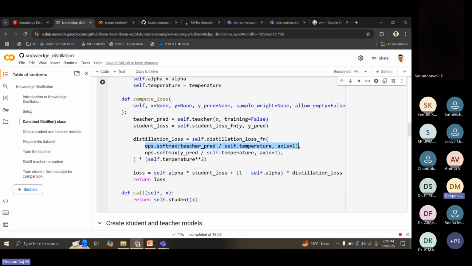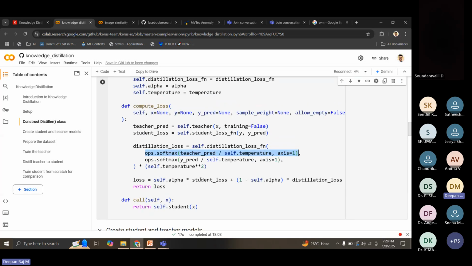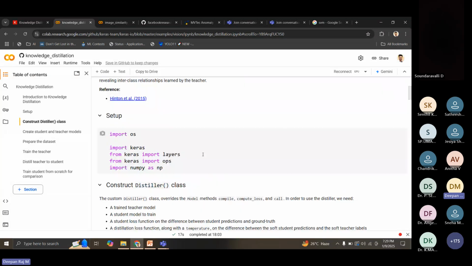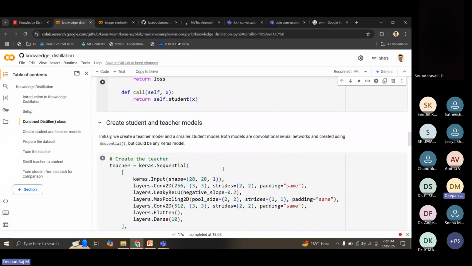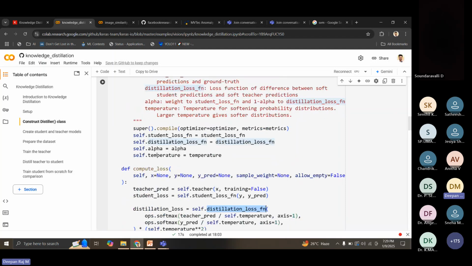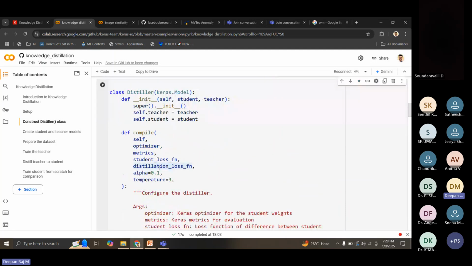That's all; this is basically what happens inside a distillation loss. You can even use a simple cross entropy or use the distillation loss function directly. It is imported somewhere, so you can use a function to get the loss. Basically, this method gets both loss functions and returns the loss out of it.